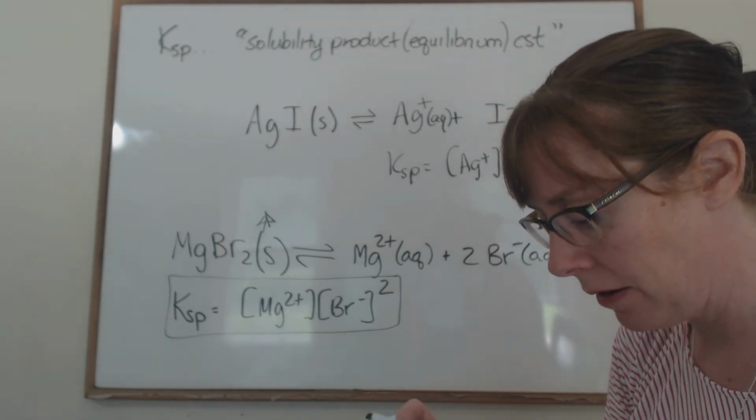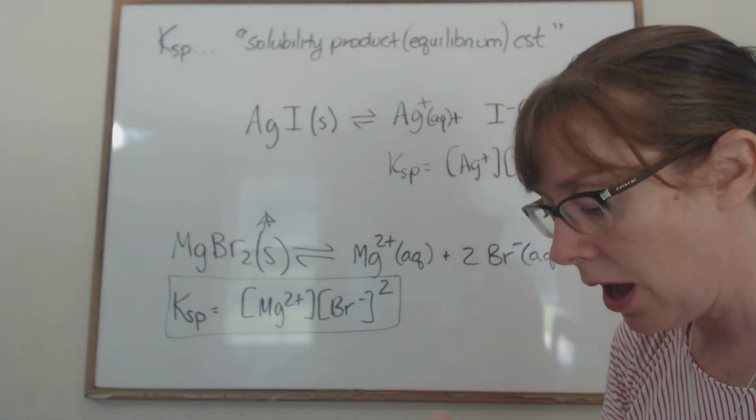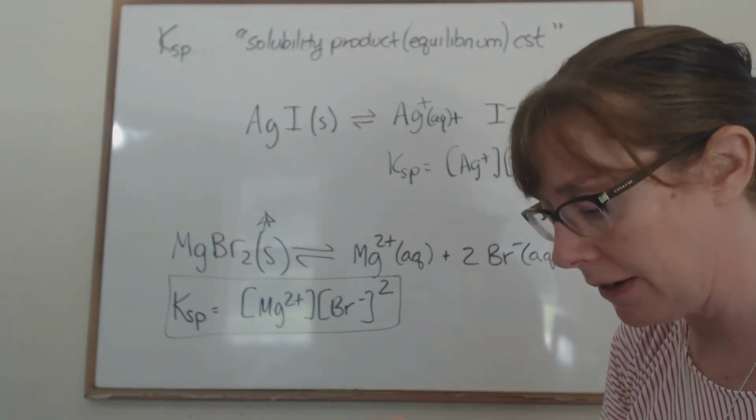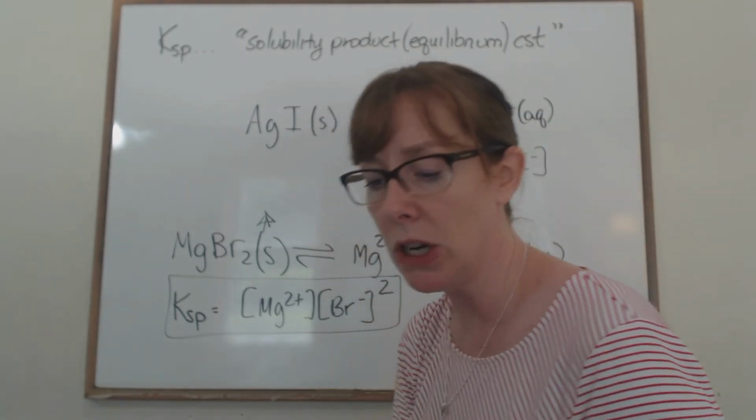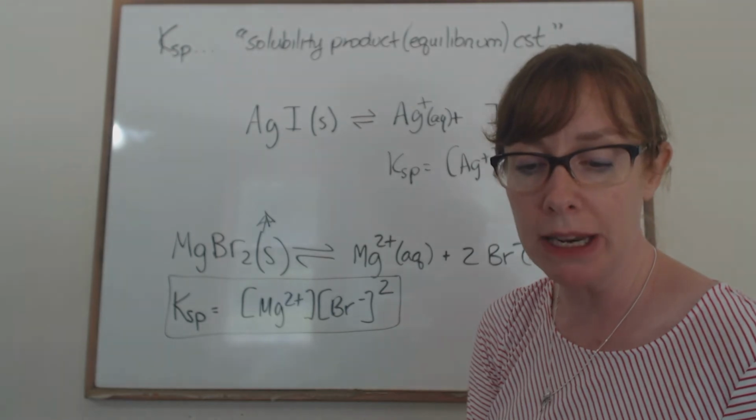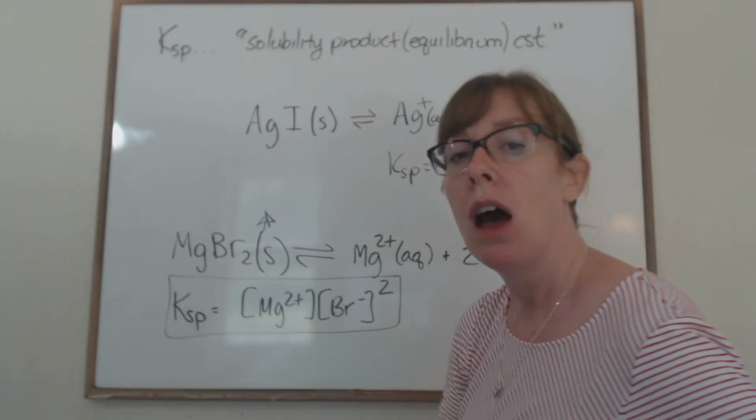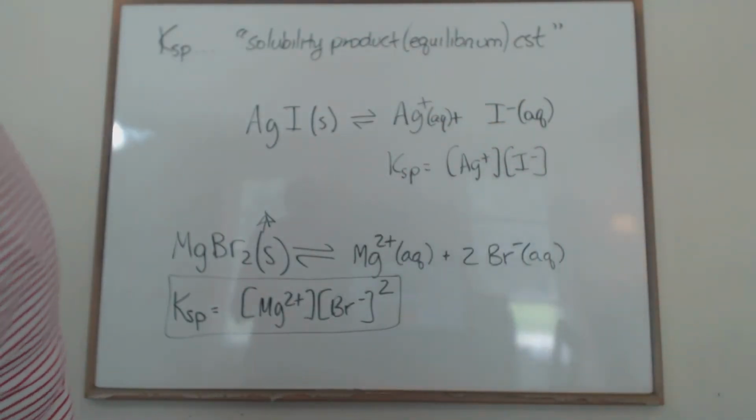So writing KSP expressions is not really very difficult at all. The last thing we want to talk about is how to use the molar solubility to calculate KSP. This is really the last thing I wanted to hit in these videos.